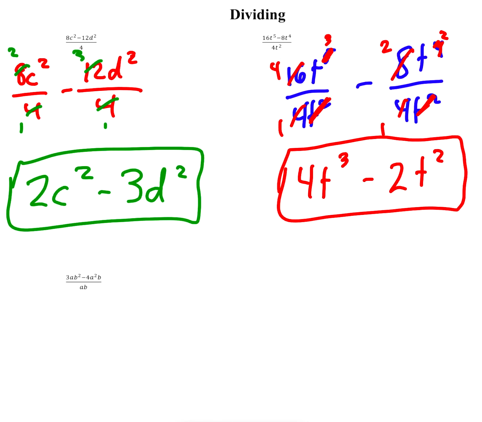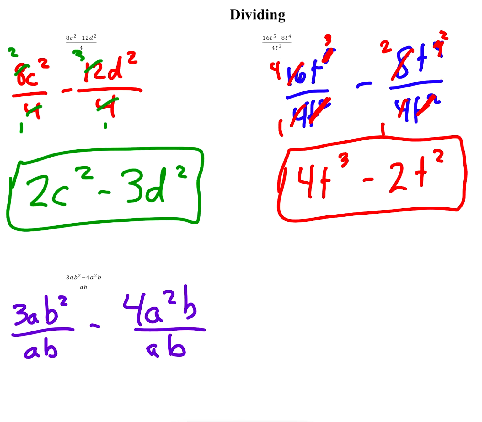And you would want to do the same thing with that third one. So that third one, simplify it into two fractions. That would be 3ab squared over ab minus 4a squared b over ab. And we're going to cancel out what we can, common factors in the numerator and denominator. So the a's cancel out.